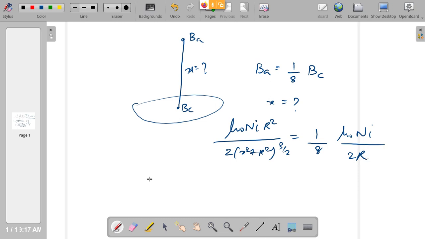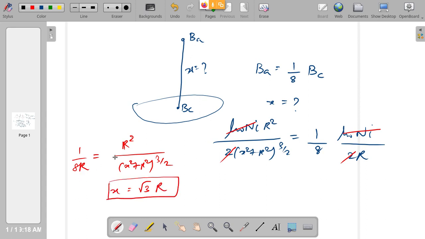So common things if you cancel, that is if you cancel mu naught n I and 2 and 2, remaining you will have 1/8r is equal to 1 by x square plus r square power 3/2. So all you have to do is, another r square is there here in the numerator. So just to sort out the terms and find x, you will get root 3 into r.